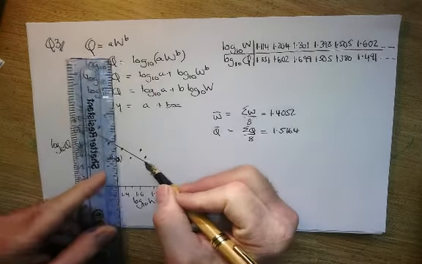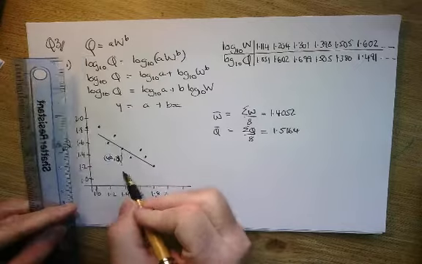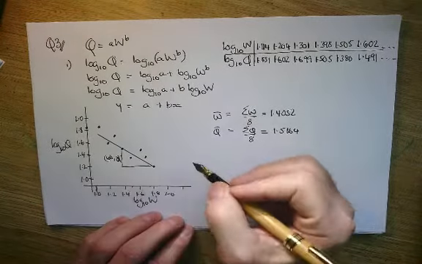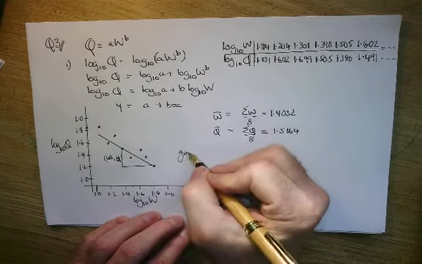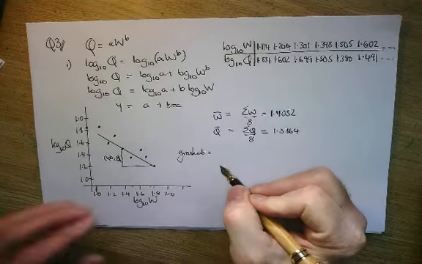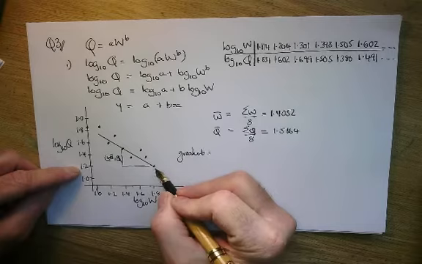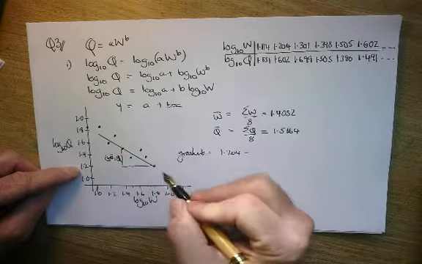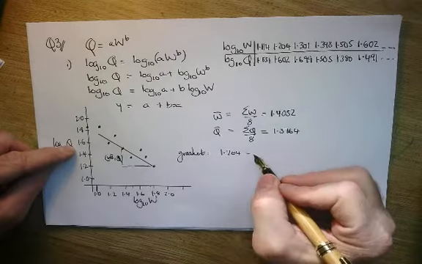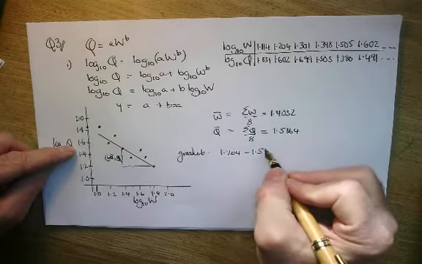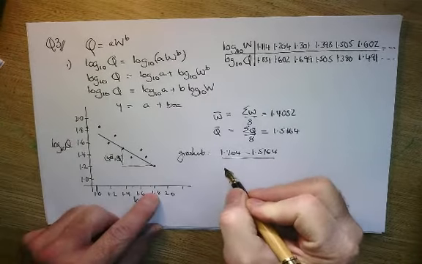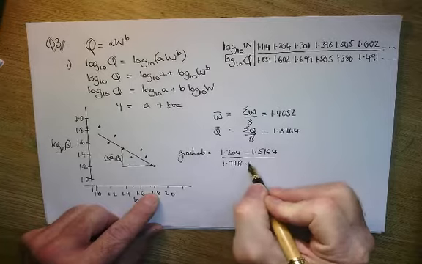So my gradient here is in my y, I'm going from, what was it, that one was 1.204 up to the mean value of 1.5164, all over my x value, which would be 1.778 all the way back to 1.4052.